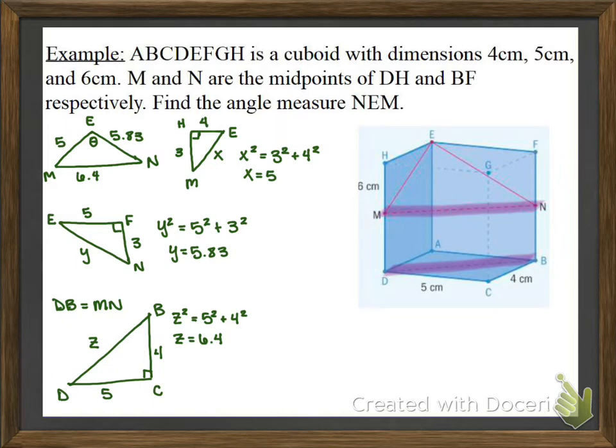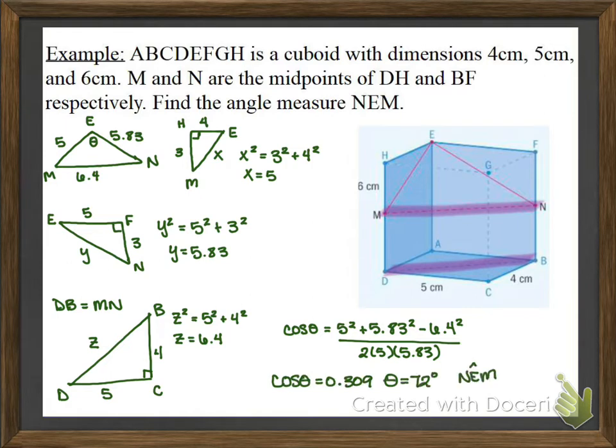Now that we have all three sides of the triangle, we can find angle NEM using cosine rule. The side across from the angle we want is 6.4, so in our cosine rule we need to make sure we subtract by 6.4. Put it all in your calculator, then do inverse cosine to get 72 degrees for angle NEM.